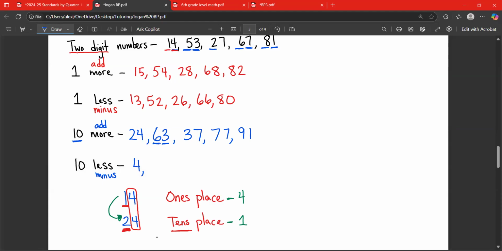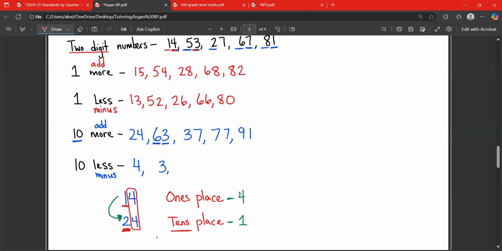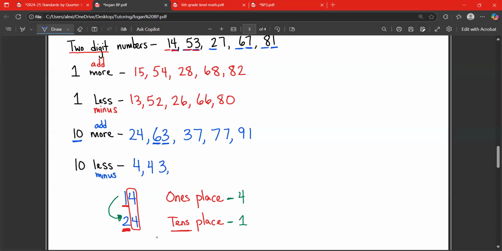53. The 3 stays the same because it's in the ones place, but the 5 is in the tens place. It's got to come down 1, which means it will become a 4. 43. Let's keep going. 27. Well, the 7 stays the same, but the 2, it's in the tens place.